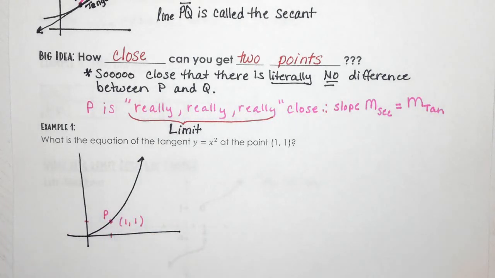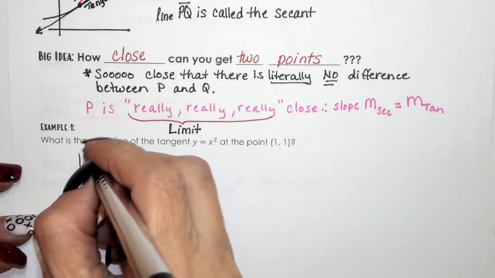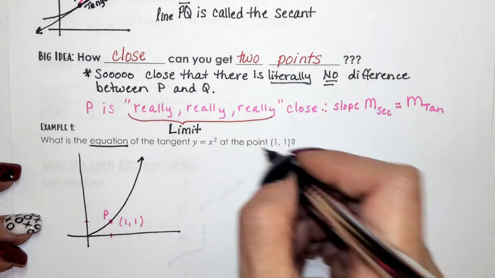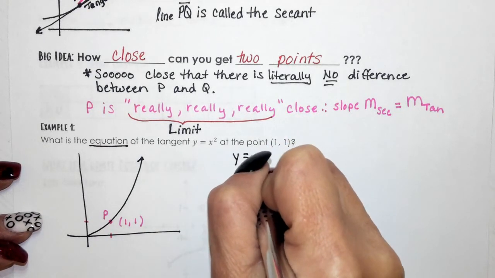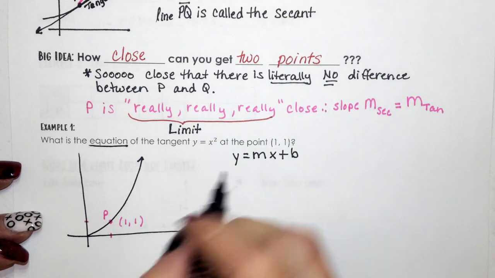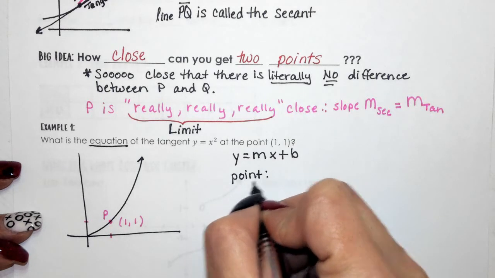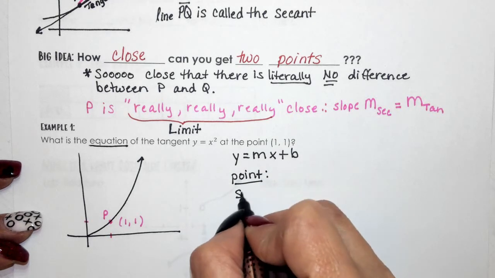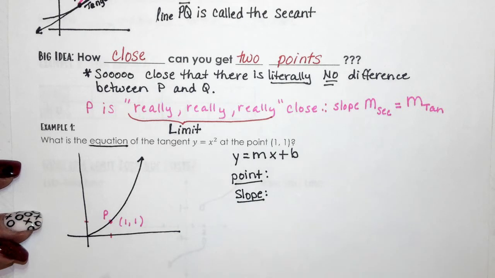Okay. So in order to write the equation, now, this says an equation. If I'm going to write an equation of a line, y equals mx plus b, I need a point, and I also need a slope in order to write an equation, right?